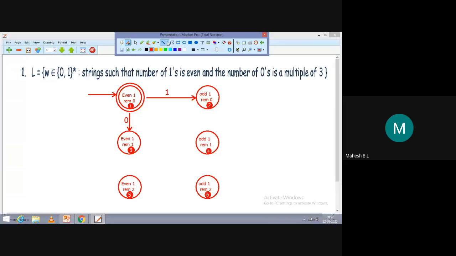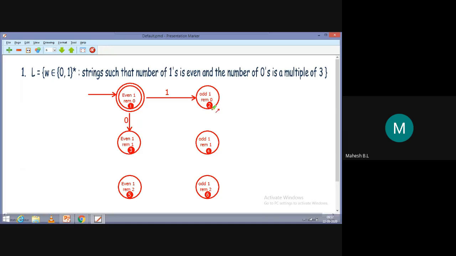You need to make a transition to state 4 on 0, because as you can see in state 2 the remainder is 0, and when one more 0 arrives, the remainder becomes 1.